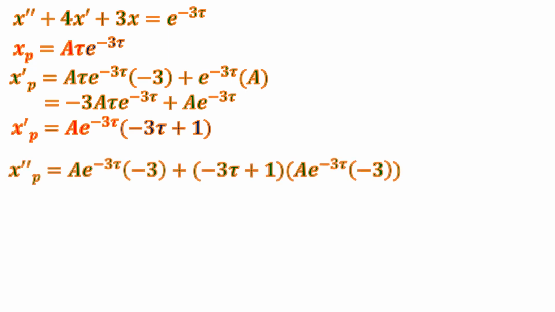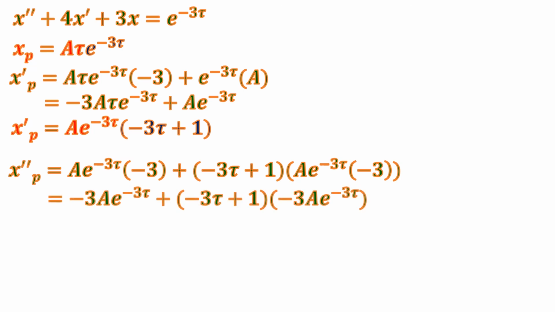So let's get now the second derivative, where the u is the red colored ae to the negative 3t, and the v is negative 3t plus 1. We copy the red one, and then we derive negative 3t plus 1, so the answer is negative 3. Plus, then we copy the v, so negative 3t plus 1, and derive the ae to the negative 3t. So the derivative is ae to the negative 3t times negative 3.